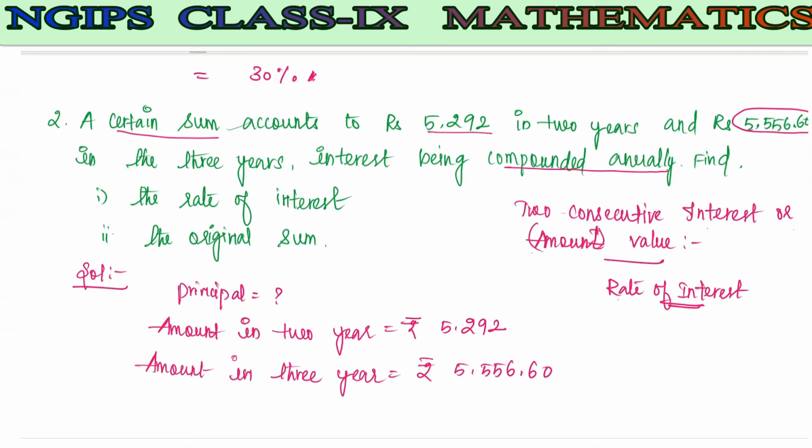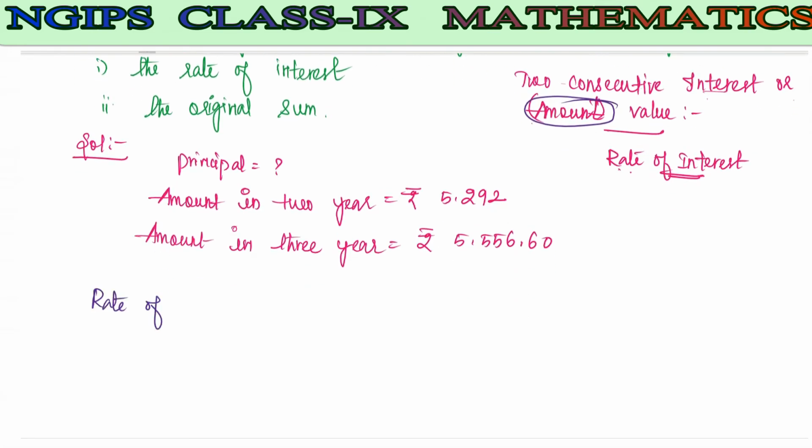In the previous problem they gave two consecutive interests, but here they have given two consecutive amounts. So we are going to use the same formula to find the rate of interest.